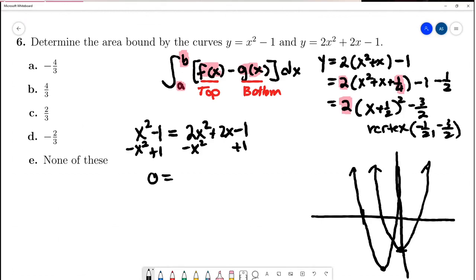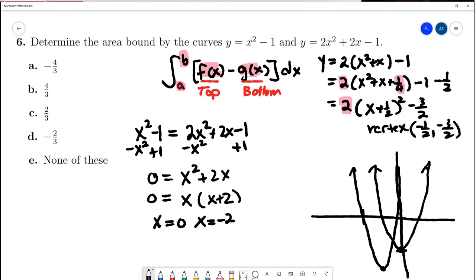I have 0 equals x squared plus 2x. If I factor out an x, that would leave me with x plus 2. And I'll set each of these factors equal to 0, and this tells me where my intersection points are at, 0 and -2. And so that's probably why I'm not seeing my full picture here, because the other intersection point is way off over here.